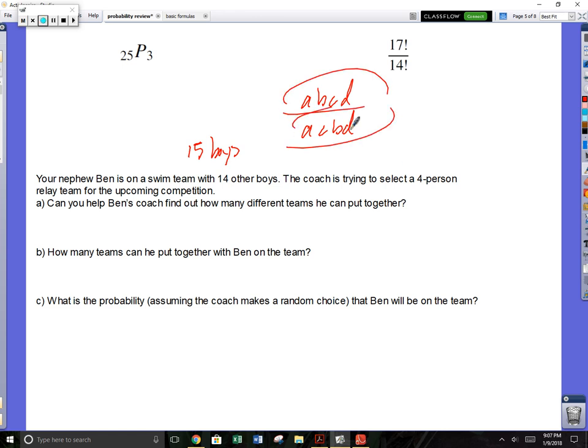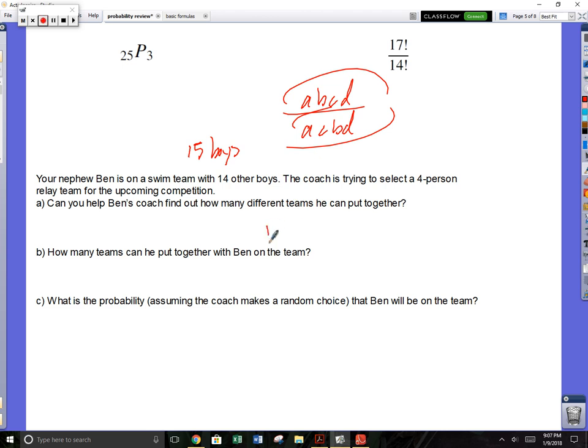So those two permutations are different, but the combination is the same. You're using the same 4 kids. So can you help Ben's coach find out how many different teams he can put together? So how many different combinations are there?